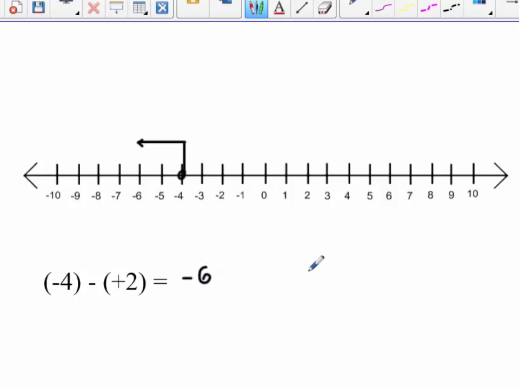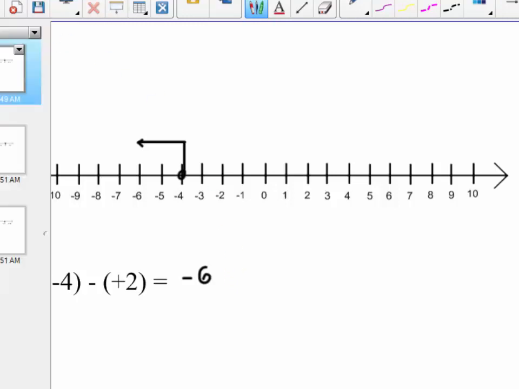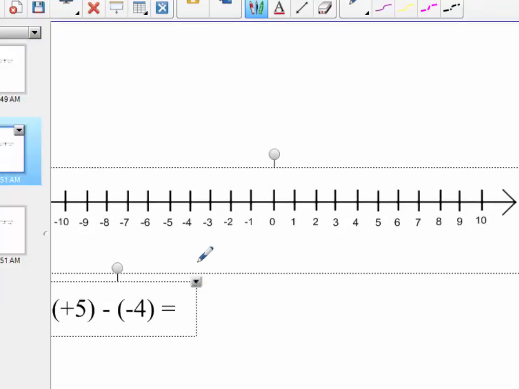Now I can check, is it right? I lost $4 and I removed another $2. That means in general it's -6. Excellent.